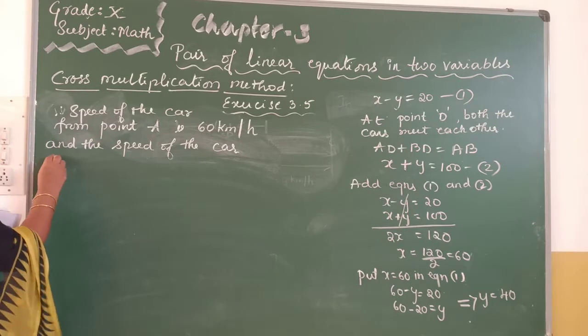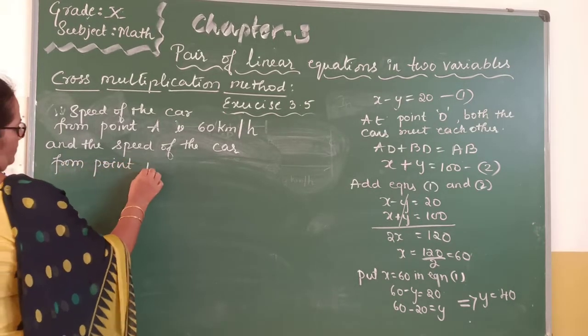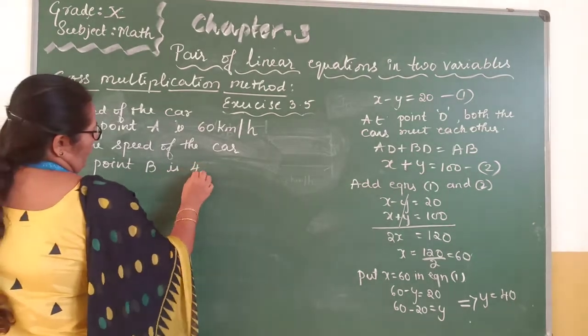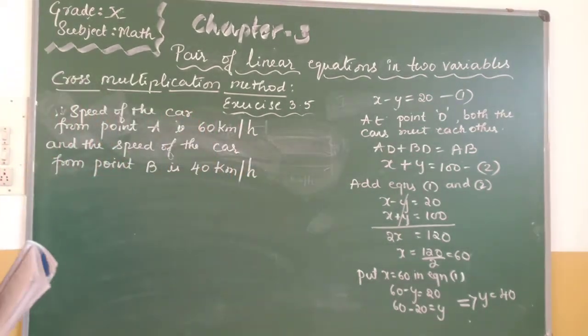Speed of the car from point B, 40 kilometers per hour.